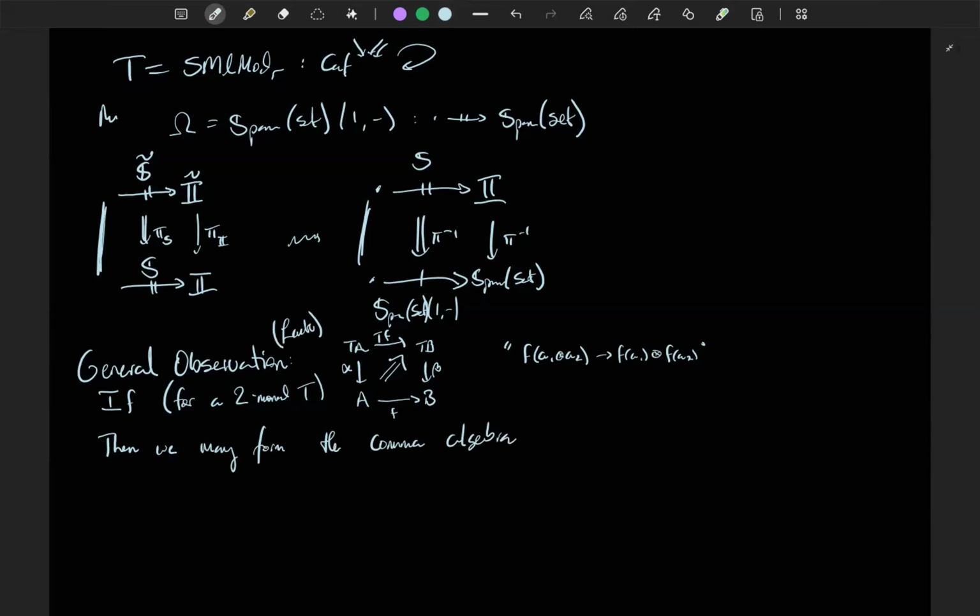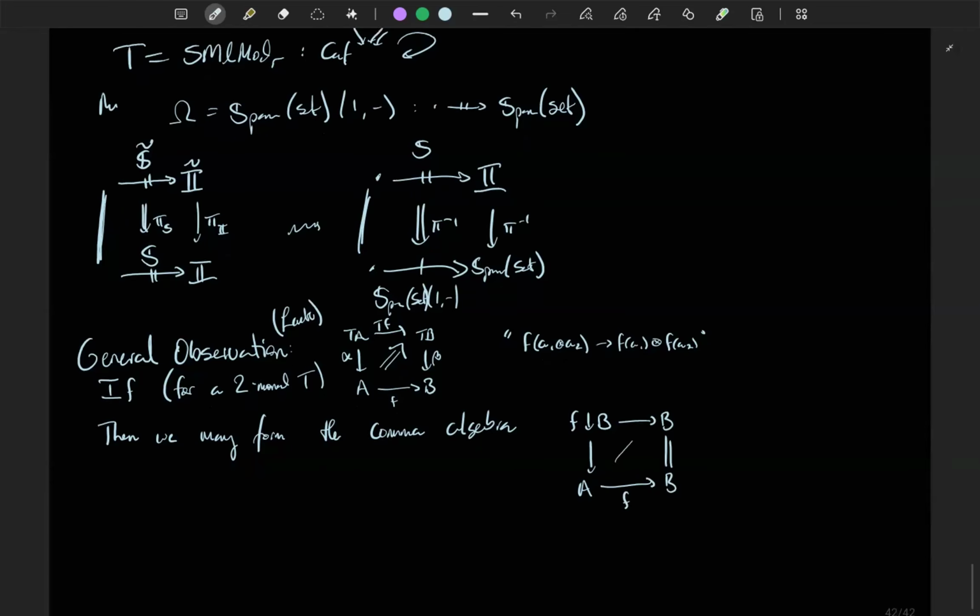It's the comma algebra F down arrow B, and it's going to have two projections, one to A, one to B, and it's going to have a cell here, and this is going to be taking place in Alg colax T.